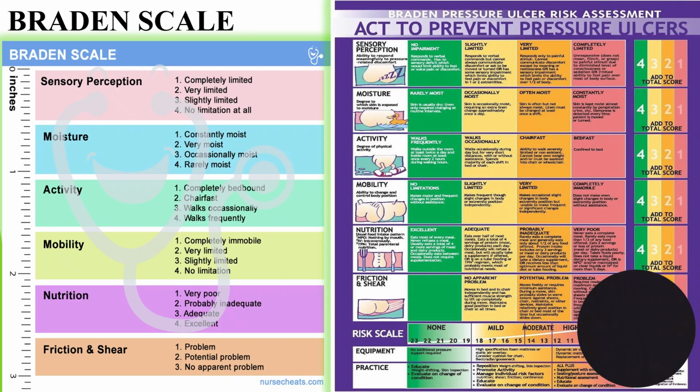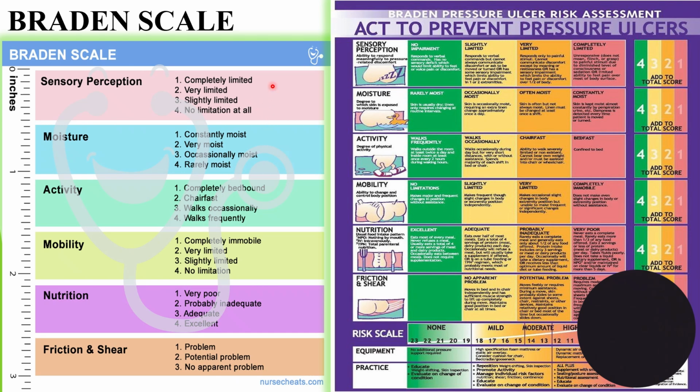Okay, so now we move on to the Braden scale. In the Braden scale, we have six components. The six components: the first is sensory perception, moisture, activity, mobility, nutrition, friction and shear. Under the sensory perception: completely limited, very limited, slightly limited, no impairment.